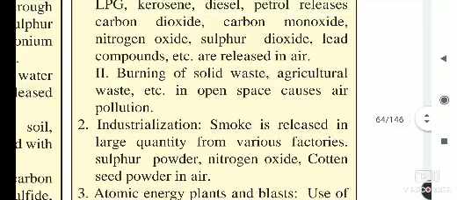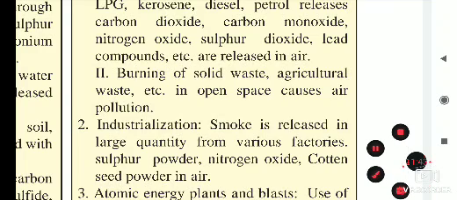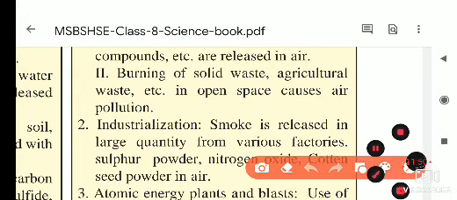Next, burning of solid waste, agriculture waste. Sometimes after getting the crop, there are waste materials, and farmers burn them in the farm itself.